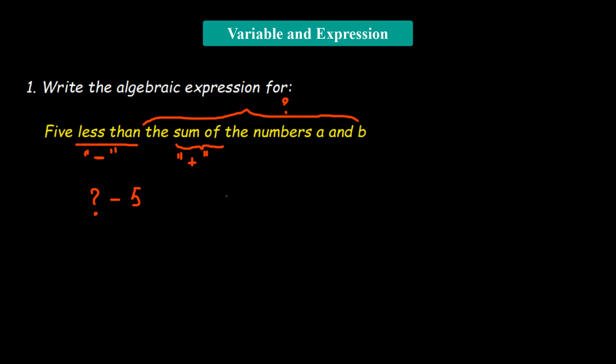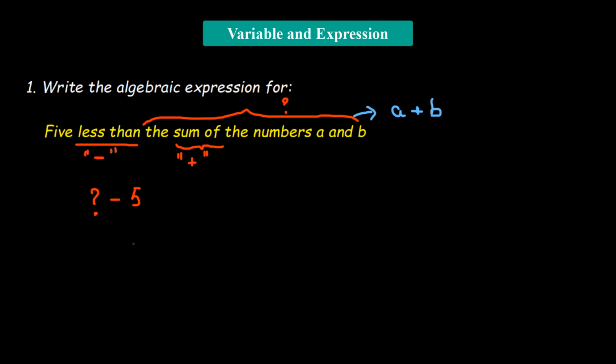Now the sum of the numbers a and b simply translates to a plus b. So if we consider a and b to be simply numbers, they're variables here, but variables are also numbers, so they will simply be added to each other because the rules of arithmetic apply here. So this something is actually a plus b.